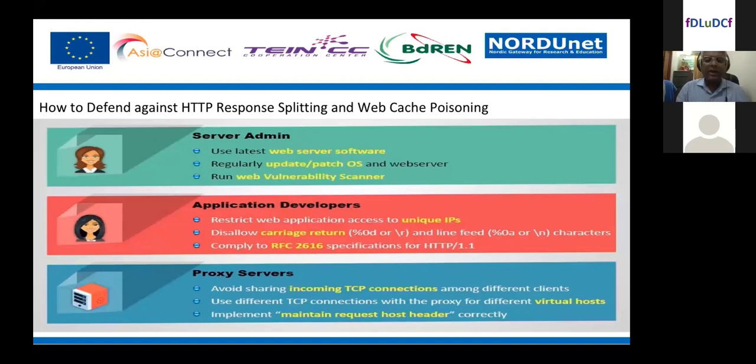Don't share it, and use a different TCP connection with the proxy for different virtual hosts. So if you have a different host, please make sure that you have a different TCP connection, and maintain the request host header correctly, because you have to implement it for a secure communication system with the host channel.